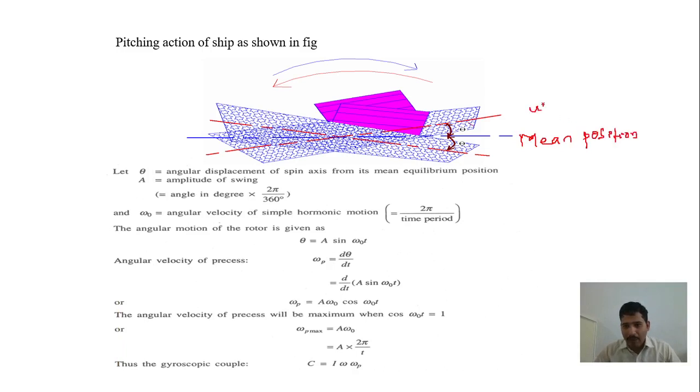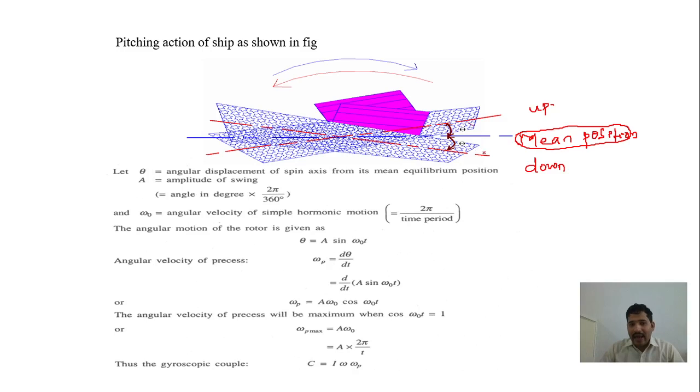This is up from the mean position and down from the mean position. Is it right? The theta is the angular displacement of the axis of spin from its mean equilibrium position.